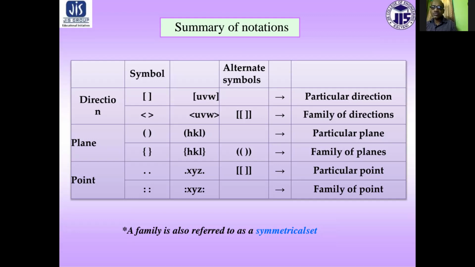For a plane, similarly, it is given by either first brackets or curly brackets. For example, HKL indicates a particular plane, and the alternative double bracket indicates the family of planes. And for points, the symbols XYZ we can give for a particular point or a family of points.